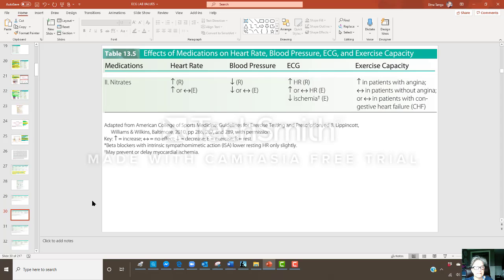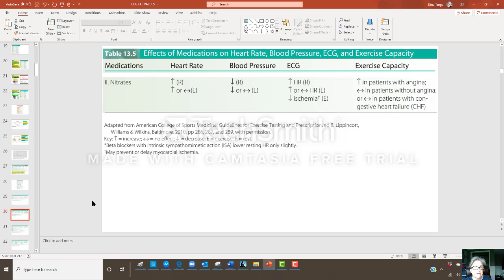Nitrates is going to increase heart rate or no effect. Oh, at rest. Okay, I see. Nitrates is going to increase heart rate at rest, increase or no effect with exercise.